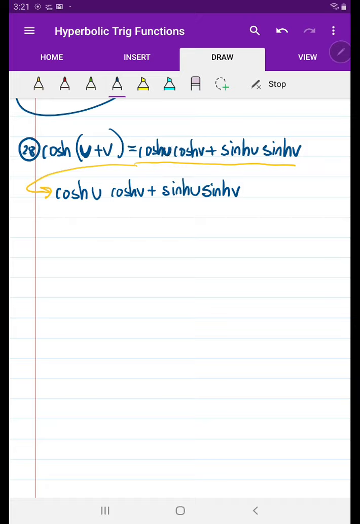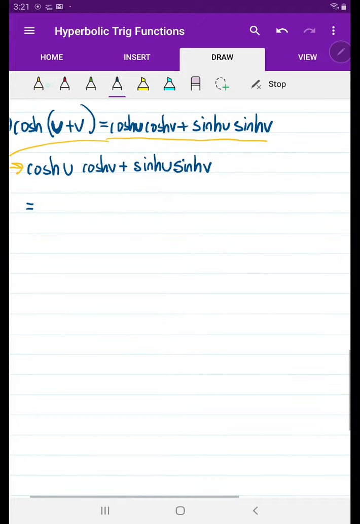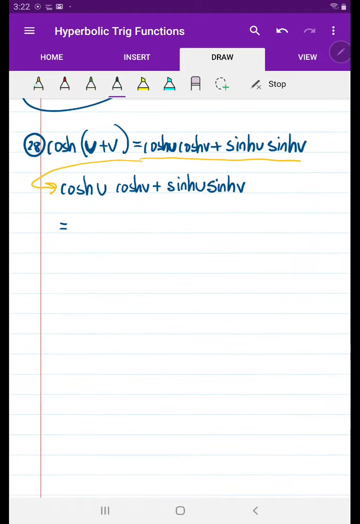Alright, so what I want to do first is rewrite everything using my exponentials. This first cosh u right here we know is the same thing as e to the u plus e to the negative u over 2.